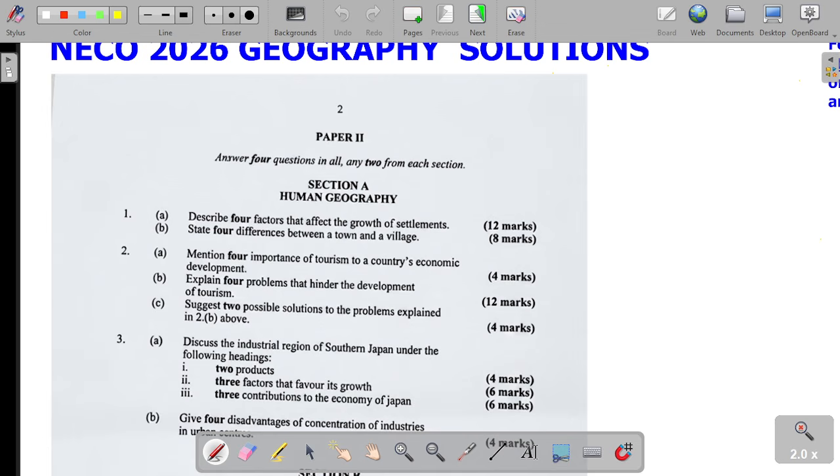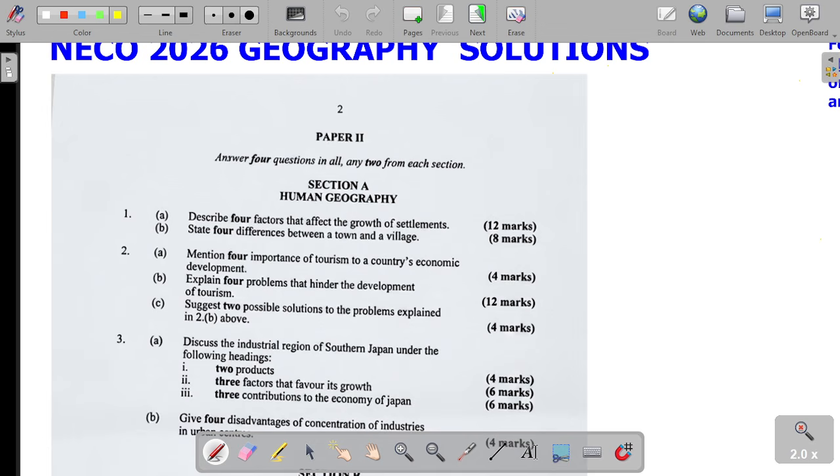Number 3, discuss the industrial region of Southern Japan under the following heading: products, factors that affect its growth, then lastly, contribution to the Japan economy.